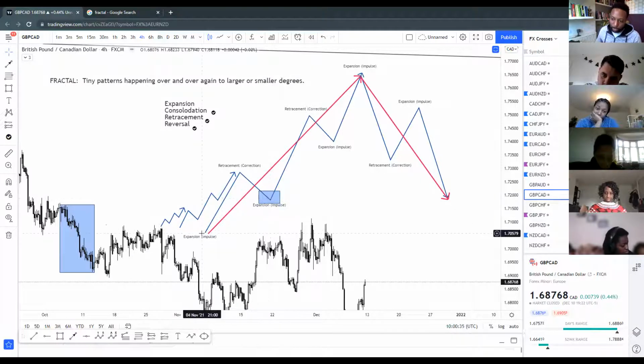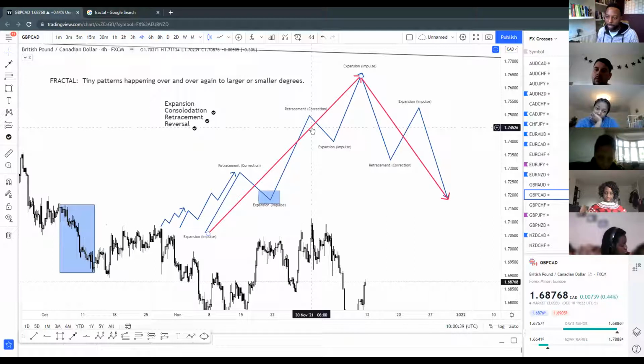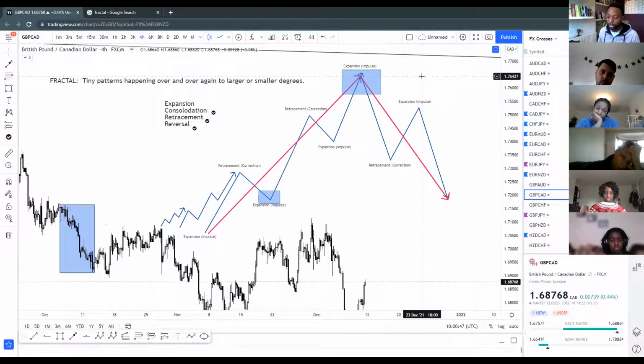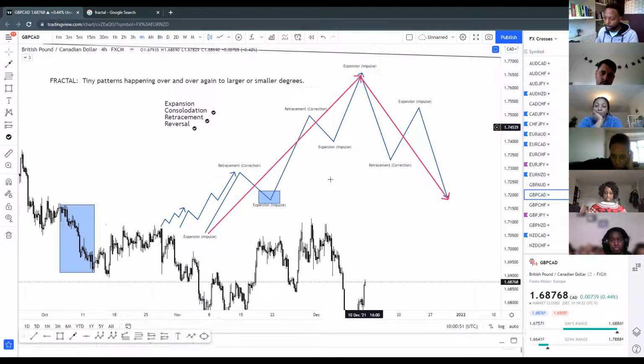So once we identify the trend, we want to use the smaller time frames to be on the side of the trend, or to potentially spot when a reversal might be happening at the end of the trend. So the smaller time frames will tell us. Is that a rule? You always have to check on the smaller time scale before you make your move? I do not trade at all without consulting the smaller time frames.